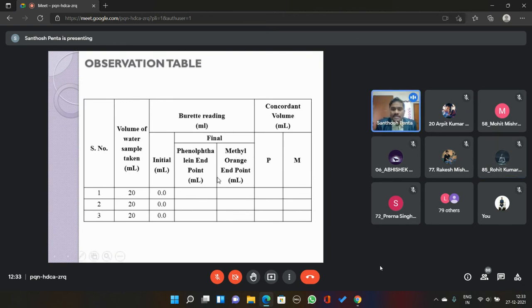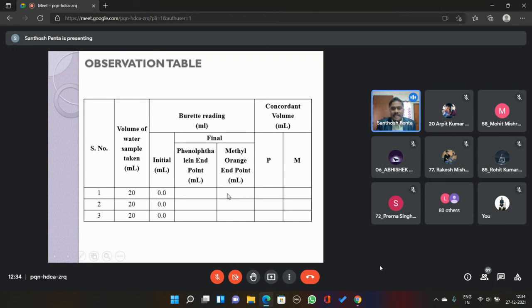Then titrate that yellow solution against acidic solution from the same reading. Again, don't make it 0. Initially it is 0, then 15. From 15 onwards you continue the titration. When the solution turns pinkish red, stop the titration. Note down the end point.